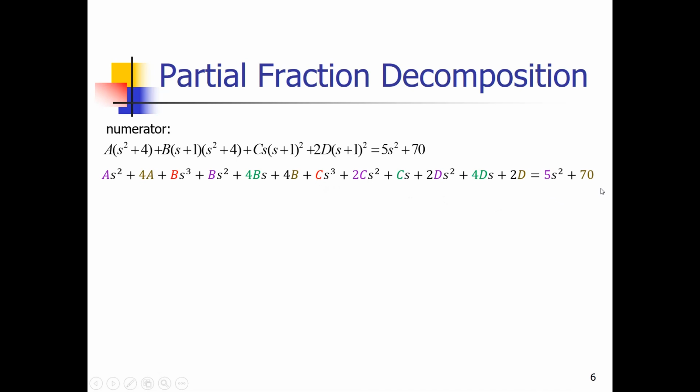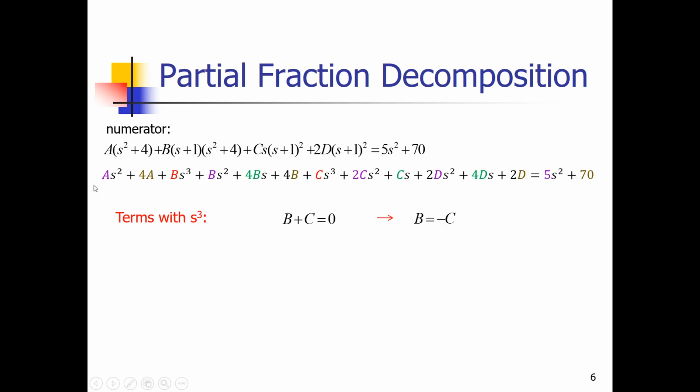And there's 0 times s to the power of 3 at the right side of the equation. So b plus c, the parts with s to the power of 3, is equal to 0, because there are 0 parts with s to the power of 3 at the right side of the equation. So b plus c equals 0, so we could also say b equals minus c.